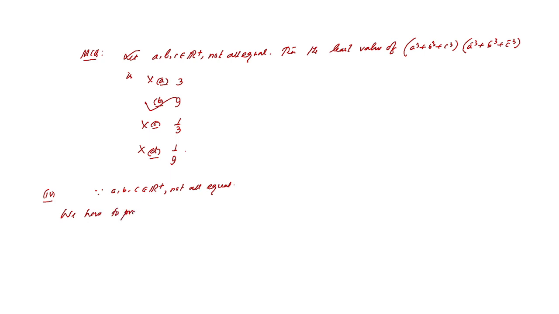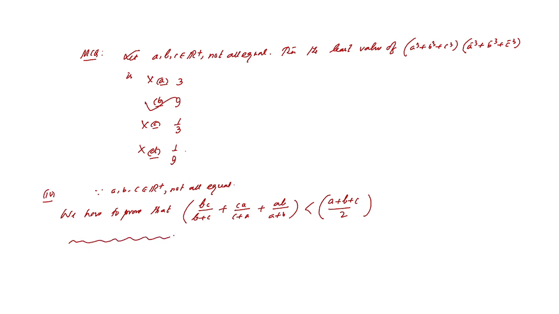We have to prove that BC by B plus C, CA by C plus A, AB by A plus B, this value is less than A plus B plus C by 2. So that we have to prove.